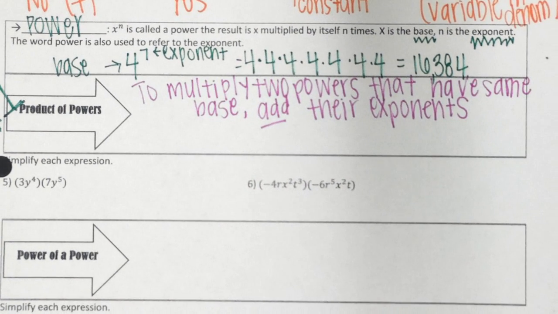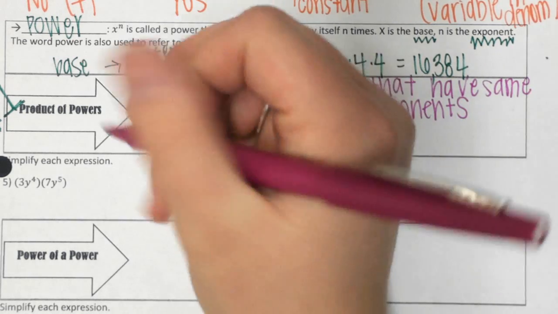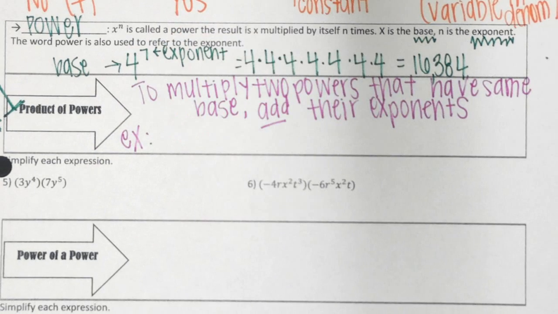To multiply 2 powers that have the same base, you need to add their exponents. For example, I need the same base.